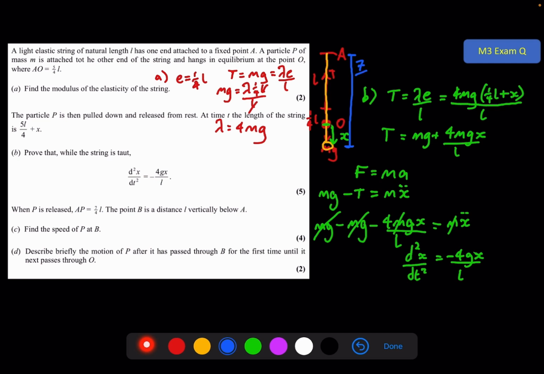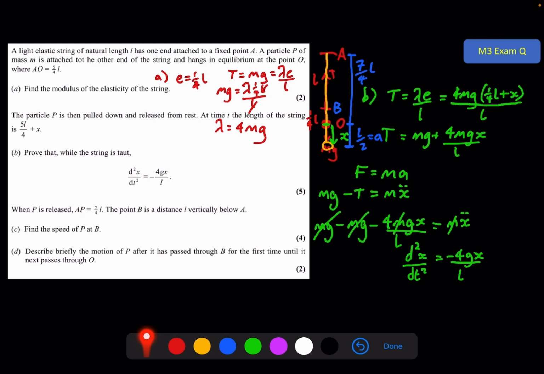which means from O, which is 5/4 L, down to the end is 2/4 L, or L/2, and that is our amplitude. The point B is a distance L vertically below A, so point B is at the natural length of the string, and the question is, find the speed of P at B. So as the particle comes to the natural length of the string, what is the speed?